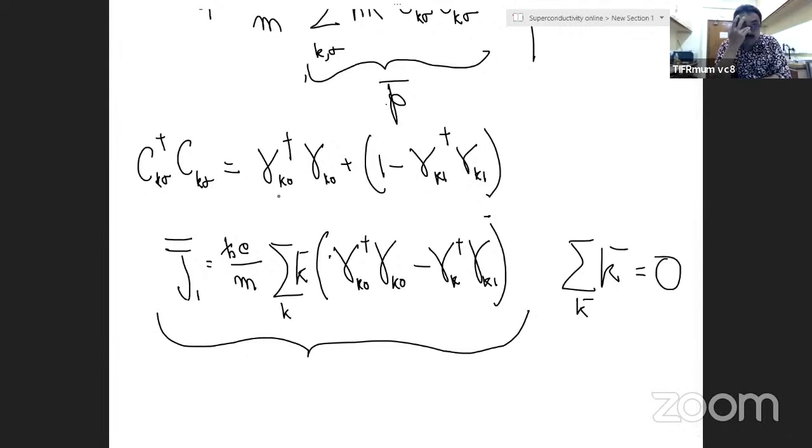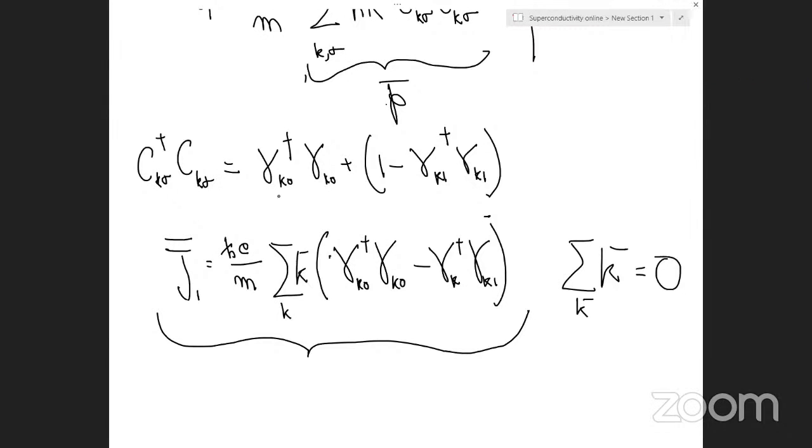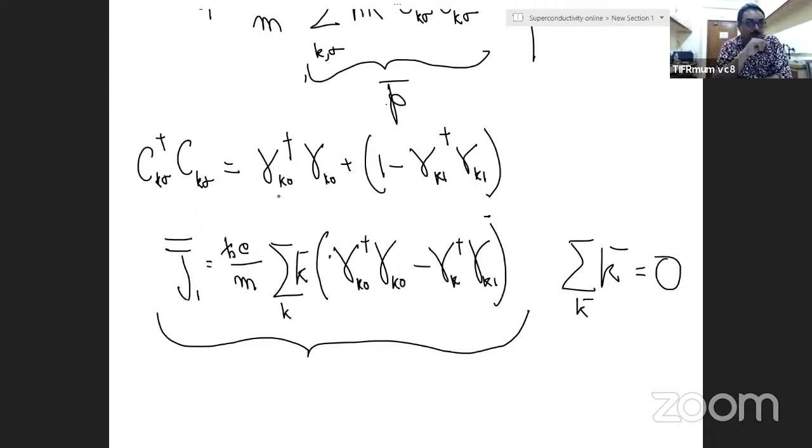Which essentially means that one of the quasiparticles is electron-like and one is hole-like. So just take any given energy, you will see that in one of them you will have the hole part which has a larger amplitude than the electron part. In the other one you have the electron part which is larger in amplitude than the hole part.